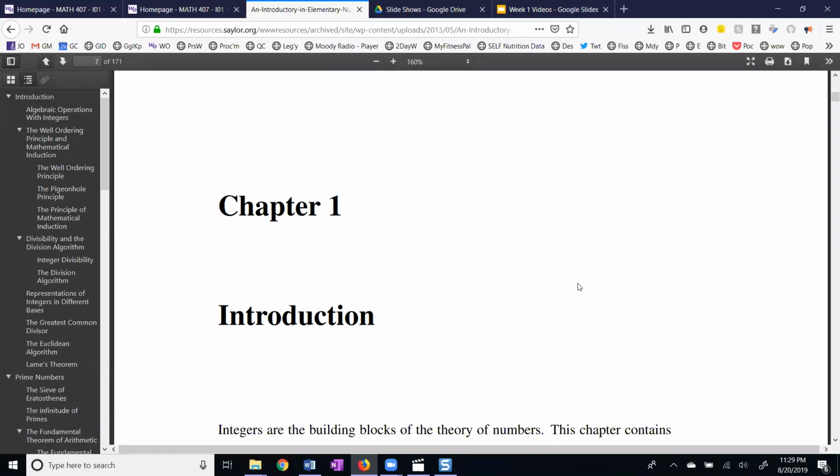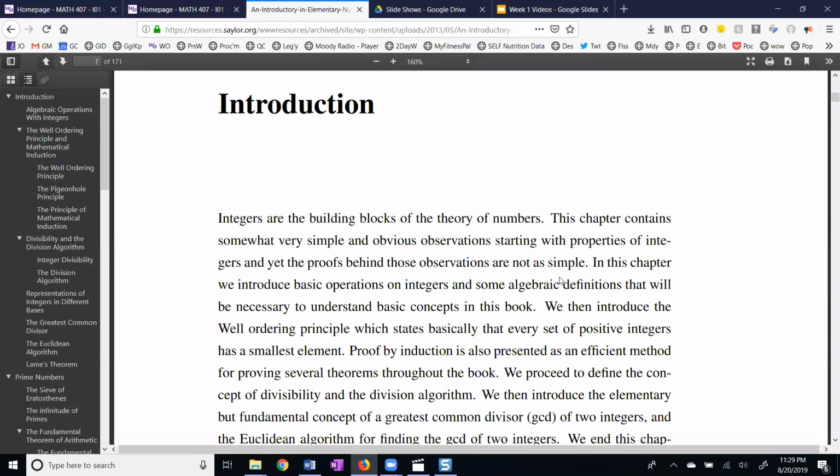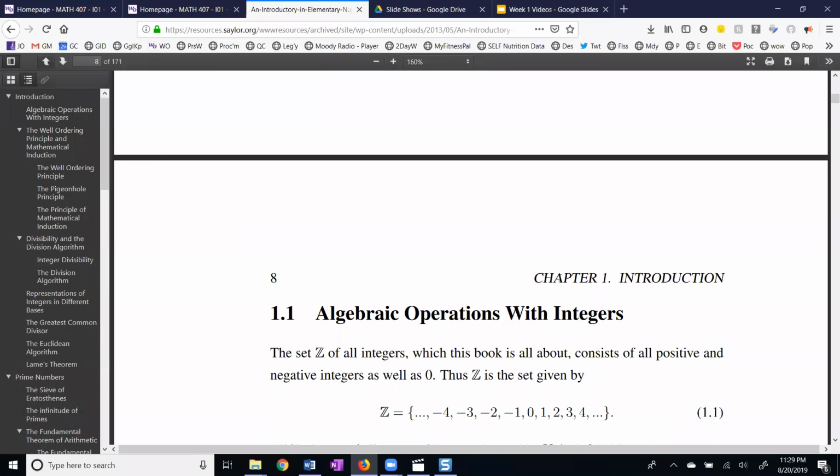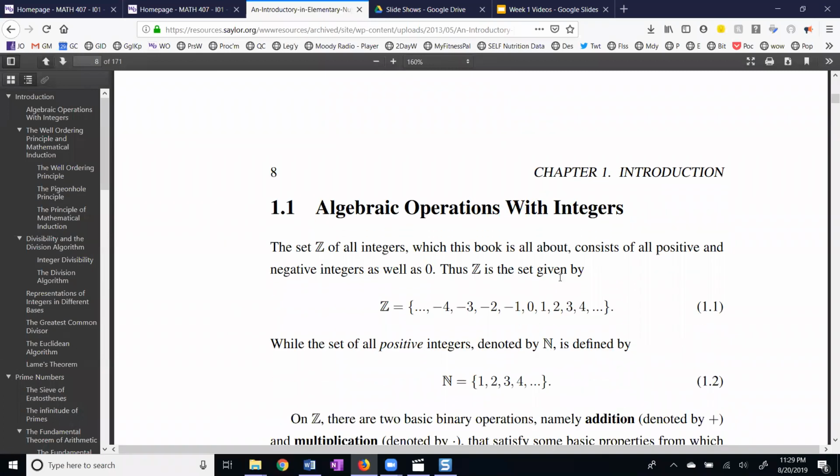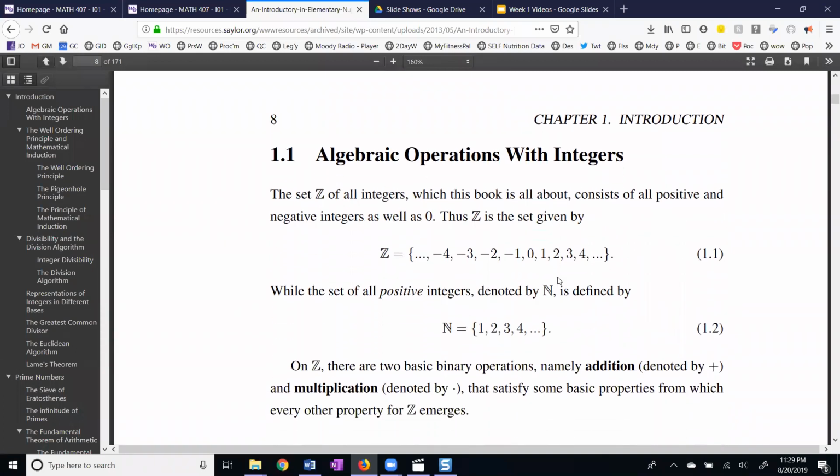Okay, now I'd like to go to chapter 1 in our textbook, and I will put the link down in the notes. In section 1.1 here, we have the definition of integers and the notation here. It's this Z with kind of a double bar through it. This is the positive and negative whole numbers.